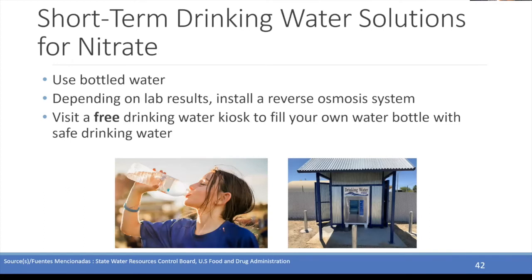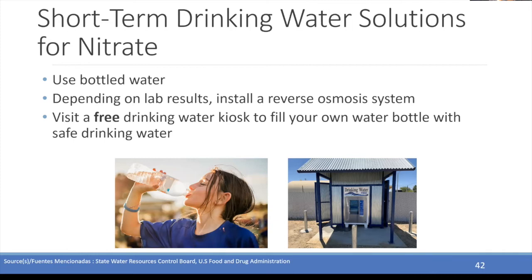So we're now on slide 42. And we will discuss these options and more information regarding short-term drinking water solutions in the upcoming workshops. So short-term drinking water solutions include using bottled water in your home for both drinking and cooking.